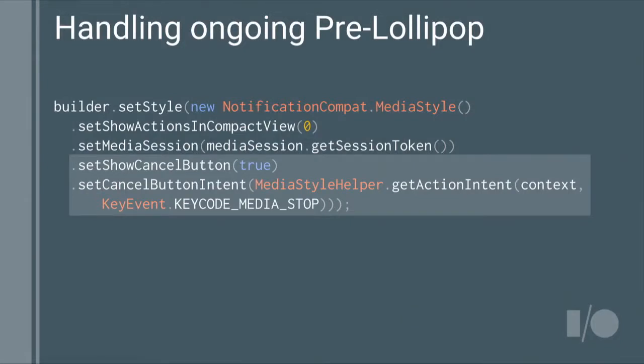Very, very low-tech solution, but it allows users to hit that X button and allows them to actually delete the service. In this case, we're just sending a stop command. Now, on Lollipop and Higher, once you call stop foreground false, you can't actually swipe to dismiss the notification. So this basically does nothing on Lollipop and Higher devices.